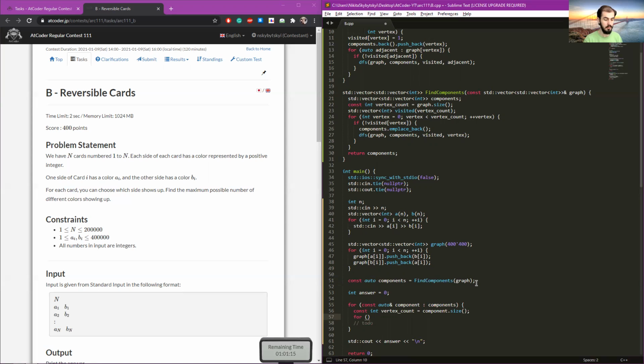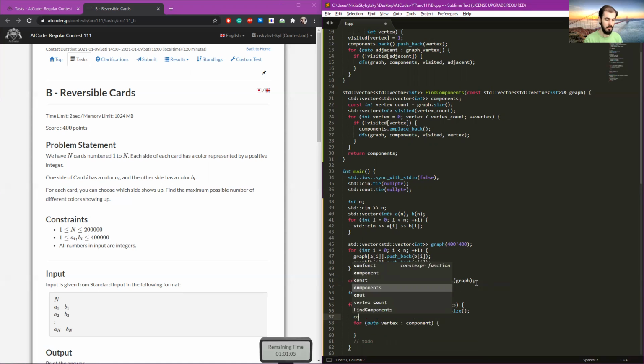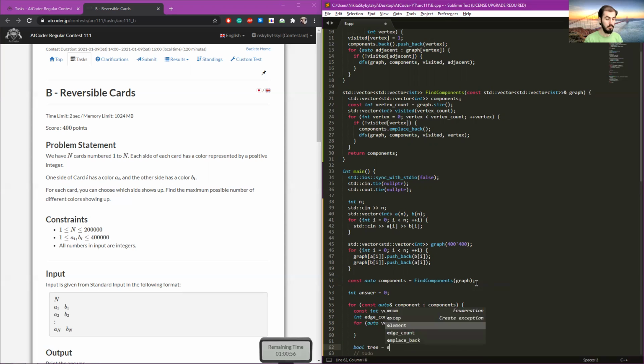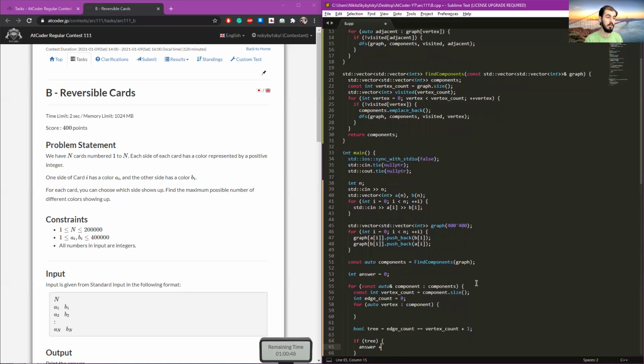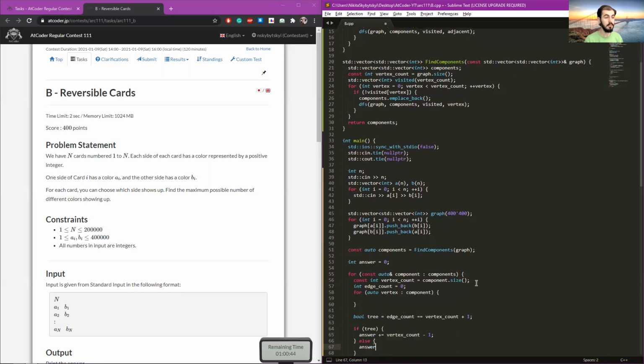We can then loop through all vertices in the component. Edge count starts at 0. If edge count equals vertex count minus 1, then answer plus equals vertex count minus 1, else answer plus equals vertex count.